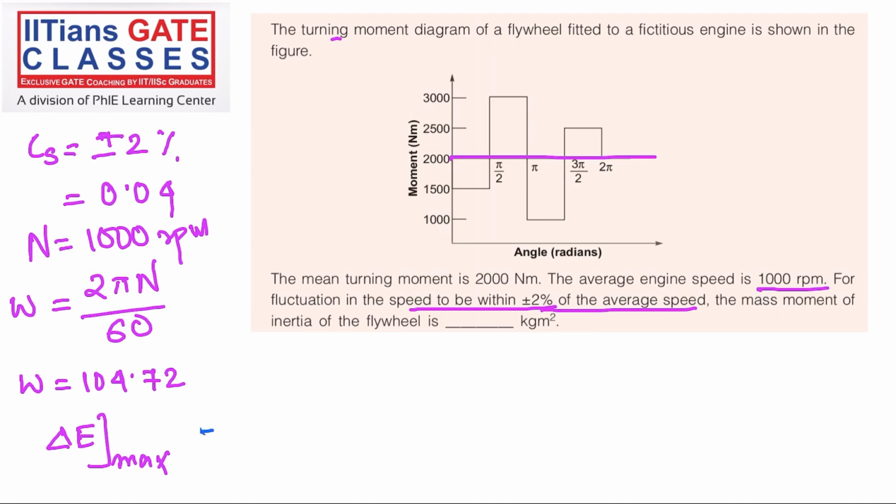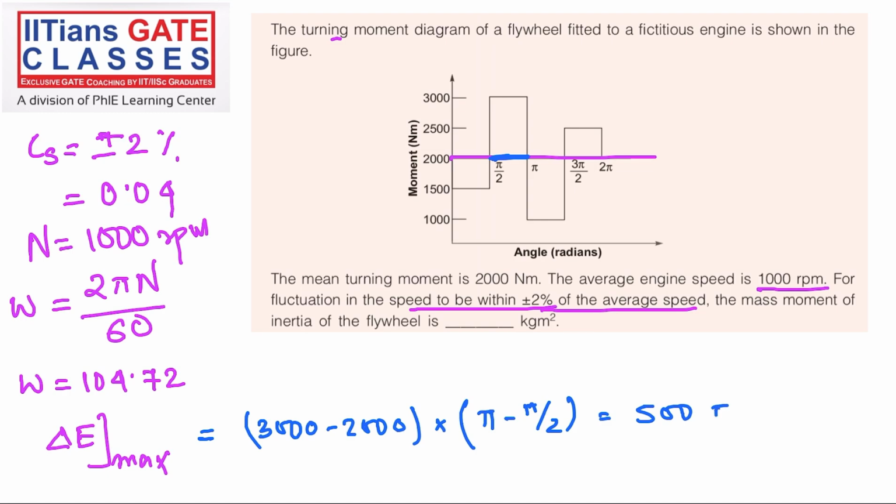That is equal to 3000 minus 2000 into pi minus pi by 2, right? The height of this rectangle is 3000 minus 2000, right? So this becomes 500 pi, isn't it?